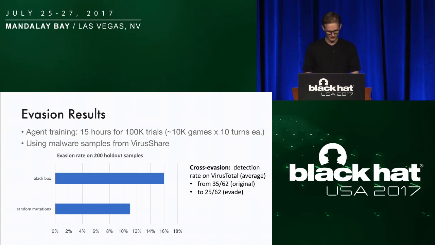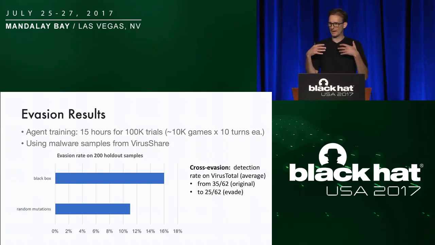Furthermore, what's also interesting is that I've evaded our toy model. And if I look at those malware seeds that I used in this game, and I look at their average detection ratio in VirusTotal, 35 out of 62 AV engines caught those original samples.